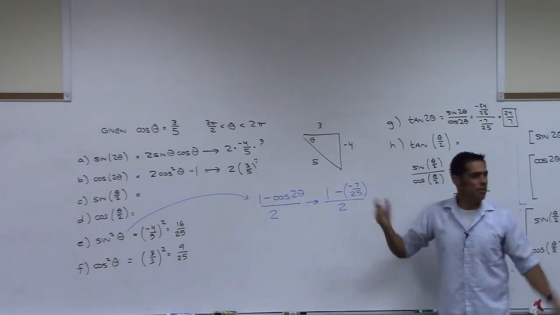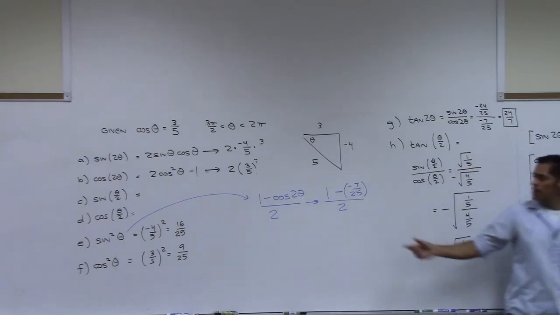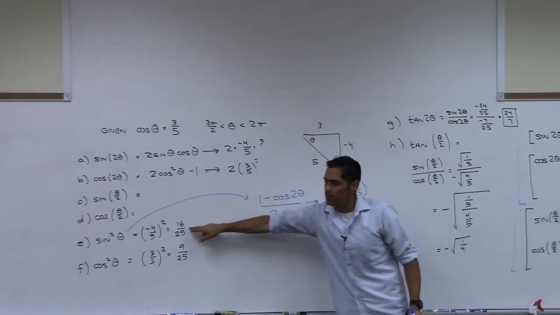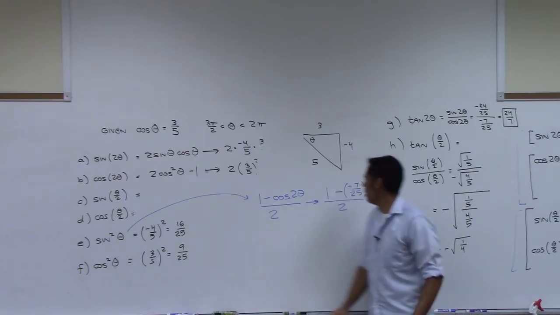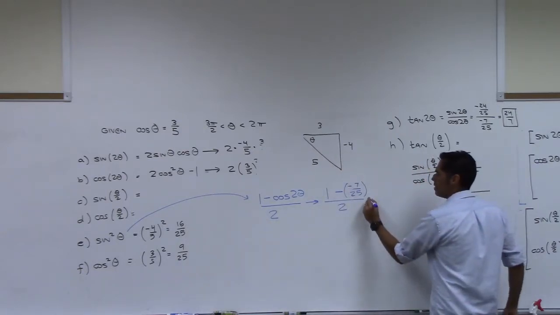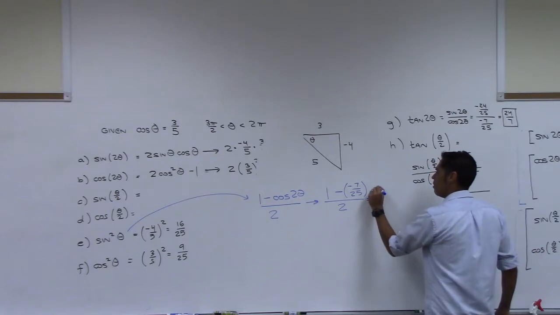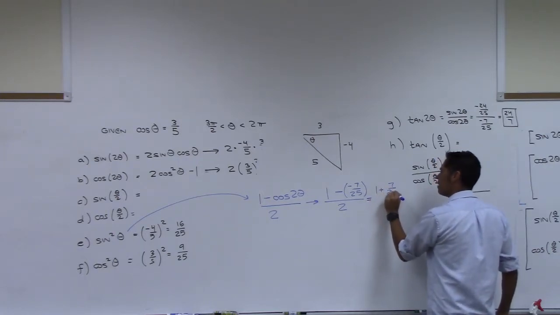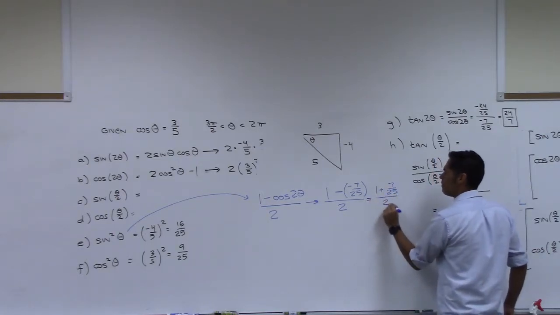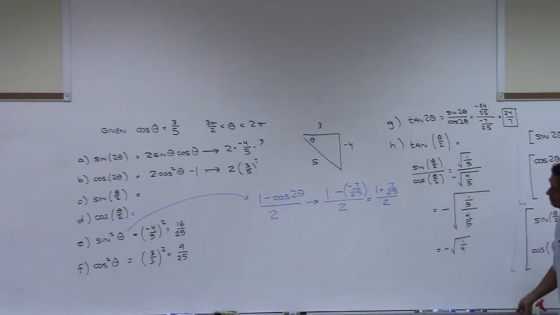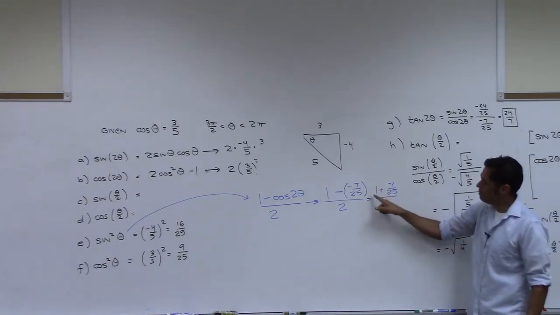So y'all see what I'm doing? I'm using this formula. But I should get an answer of 16/25 when I'm done. Let's see if I do. This is the same as 1 plus 7/25 over 2. You have to get a common denominator up top. So 25 on top and bottom, and then add 7.